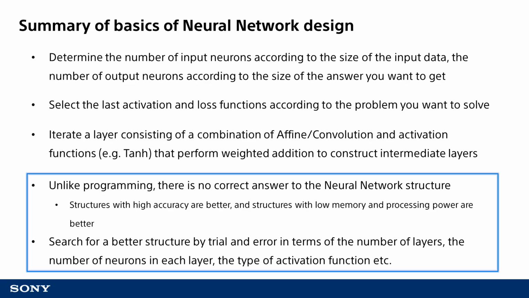And at this stage, there is no particular correct answer for the number of neurons in each layer, the type of activation function, and the number of layers. When designing a neural network, we search for the best structure by trial and error in terms of the number of layers, number of neurons, types of activation functions, and so on. In this way, we can achieve higher performance, require less memory, and require less computation.